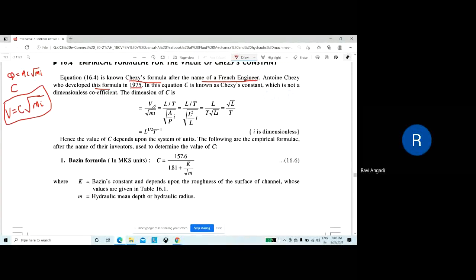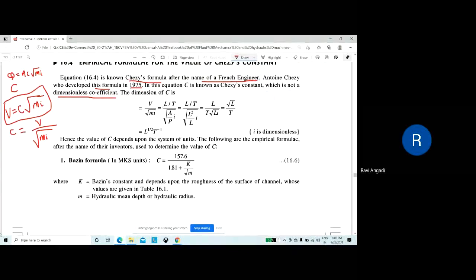In this equation, C is known as Chezy's constant, which is not a dimensionless coefficient, but it has dimensions. How can you get the value of C from this formula? You can write C equal to V divided by square root of m i.